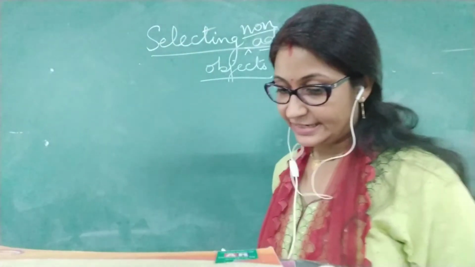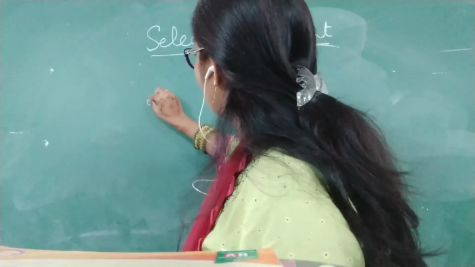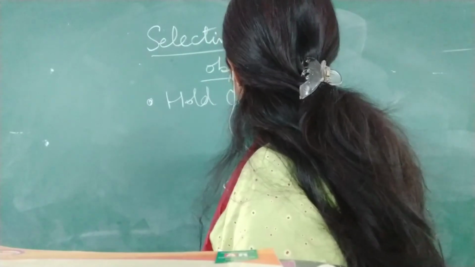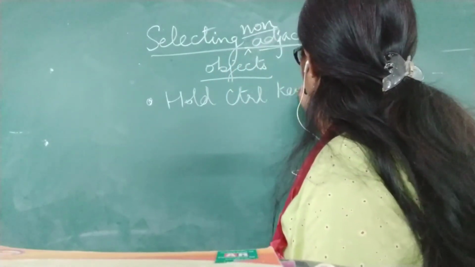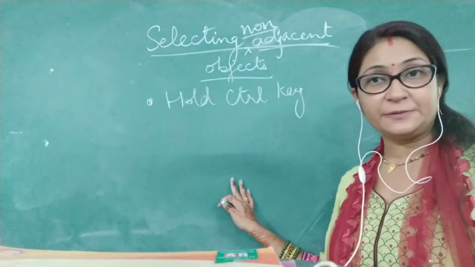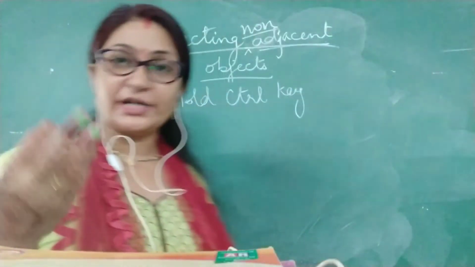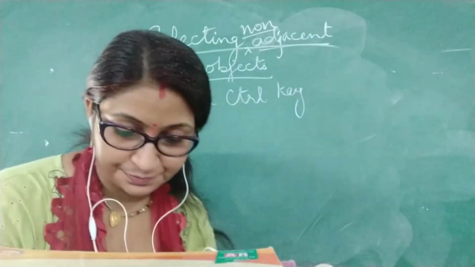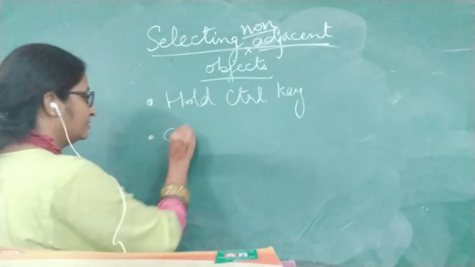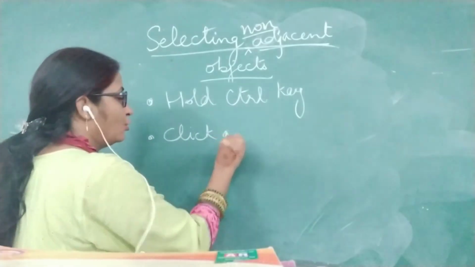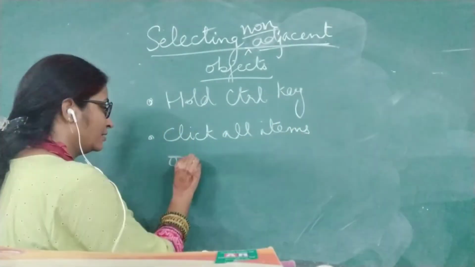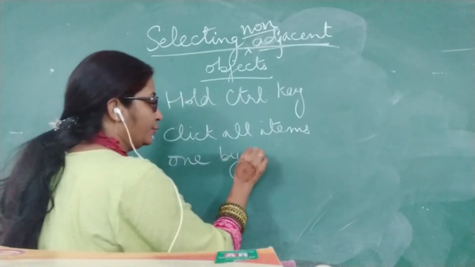In that case, the first thing I am going to do is hold the control key. First of all, I have to hold down the control key. And then secondly, click on all items one by one.